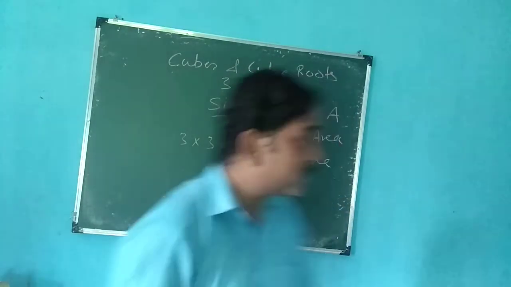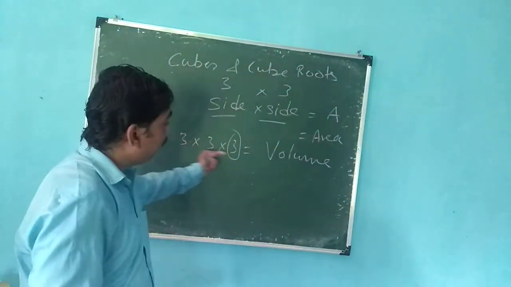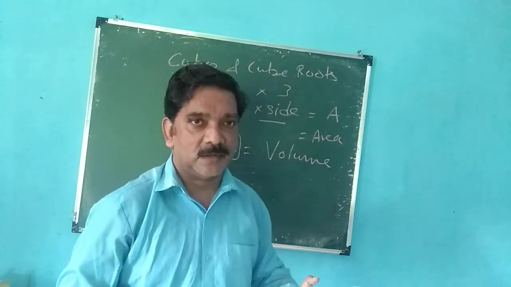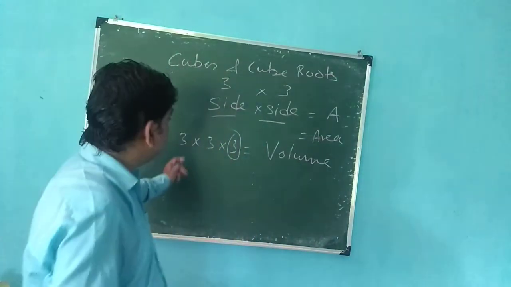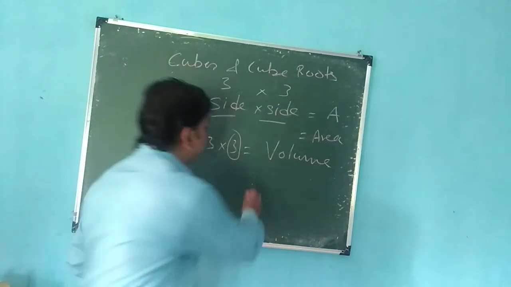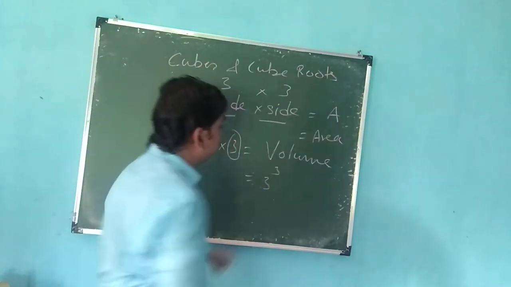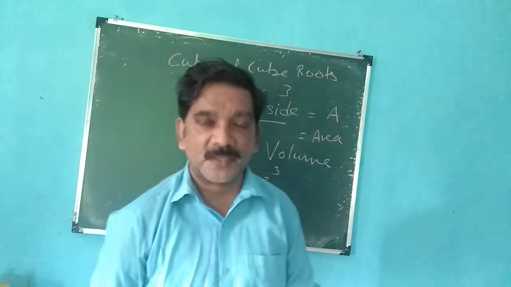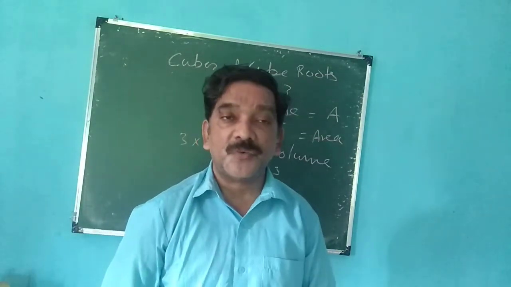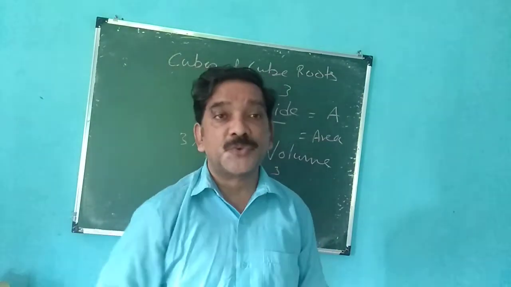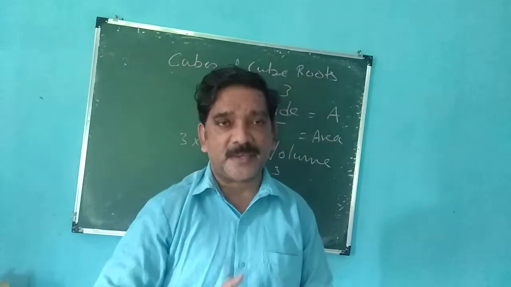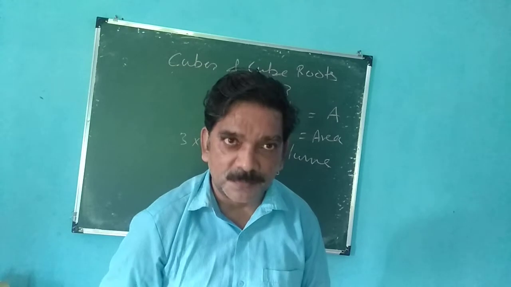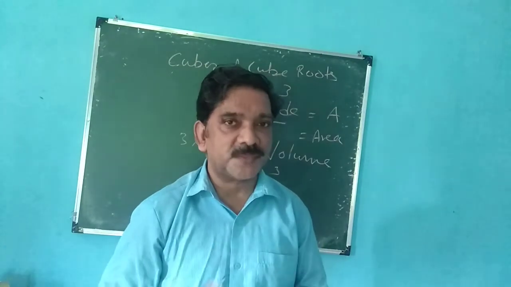Now in this case, length, breadth and height are the same. They are equal. So therefore this will be written as 3 cube. So 3 cube is nothing but the volume of an object. This is the objective of teaching you cubes and cube roots, to identify the sides and to find out the volume.